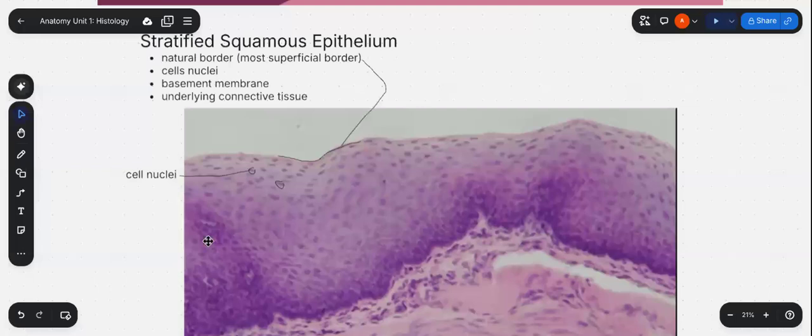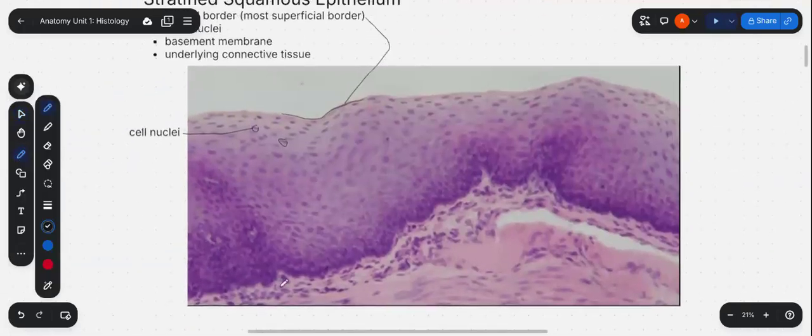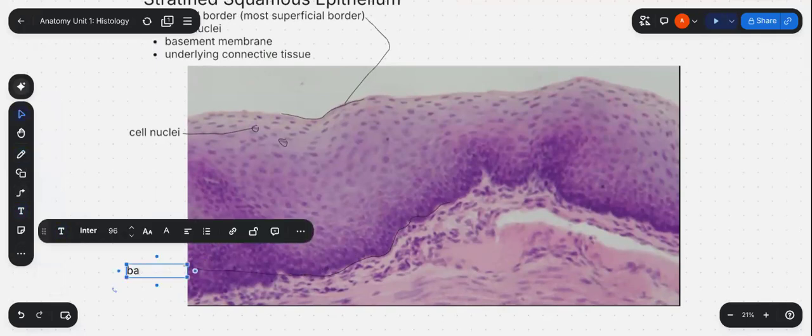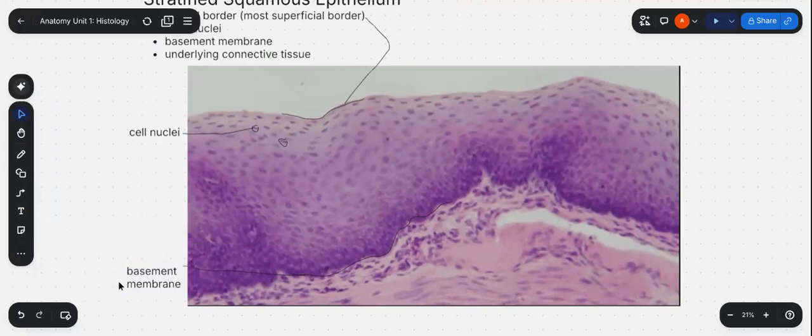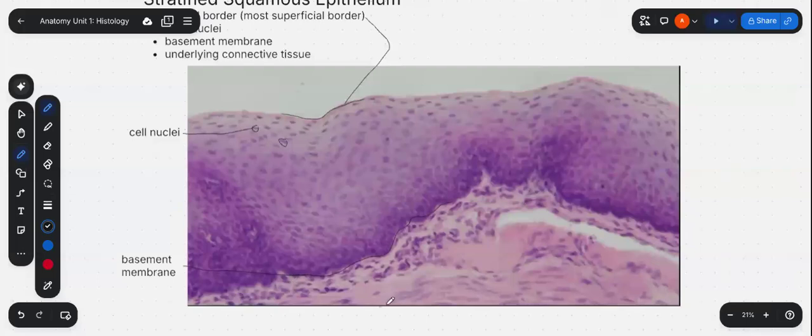Next, you have the basement membrane. Basement membrane is going to be this thicker purple layer down below over here. You can kind of see that there is a lot more cells over here. That portion is your basement membrane. And another good way to differentiate that it is the basement is because under it and below it, now you have a different type of tissue that is starting.